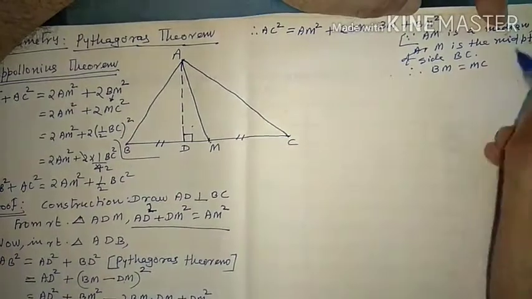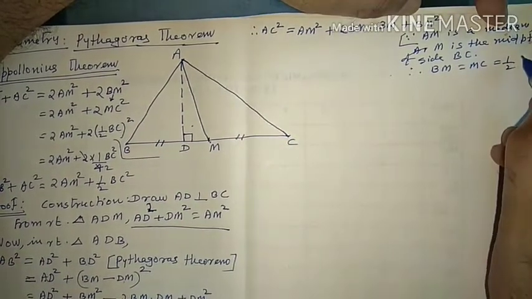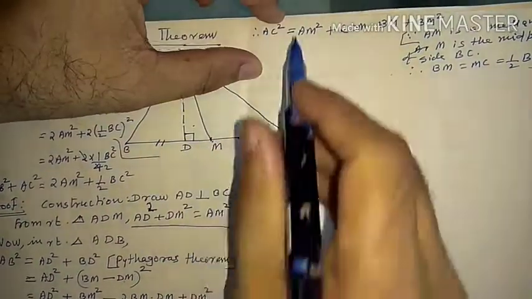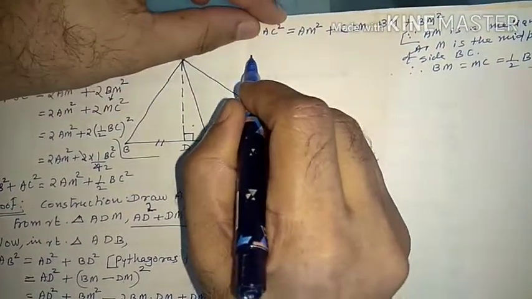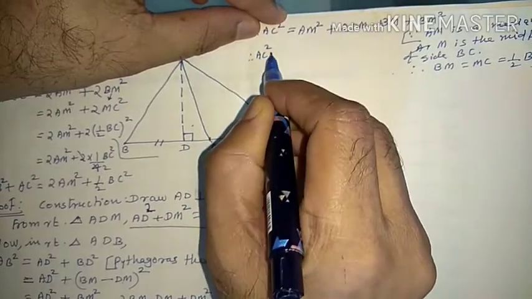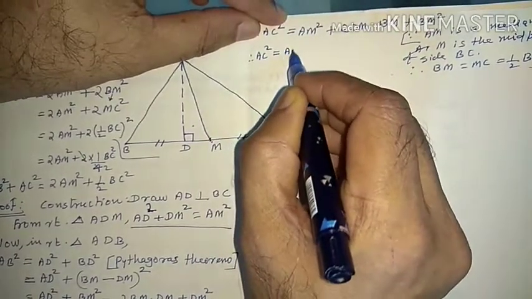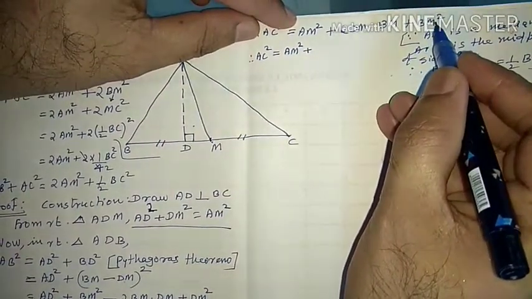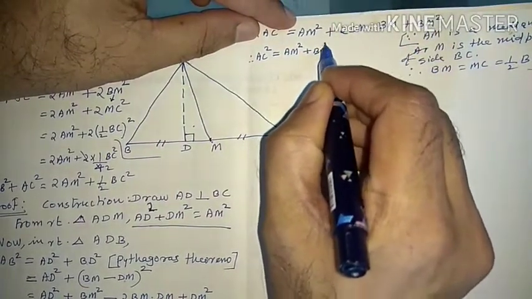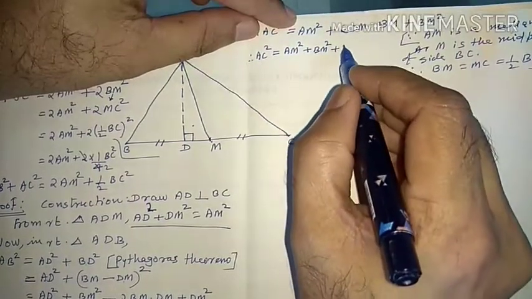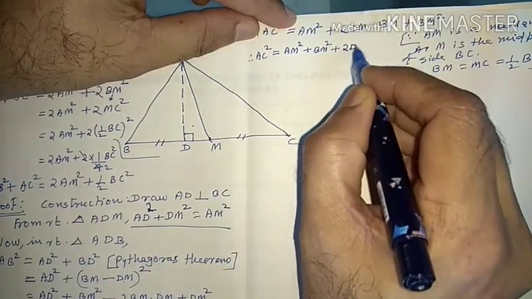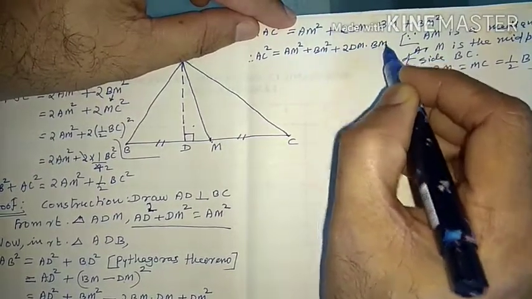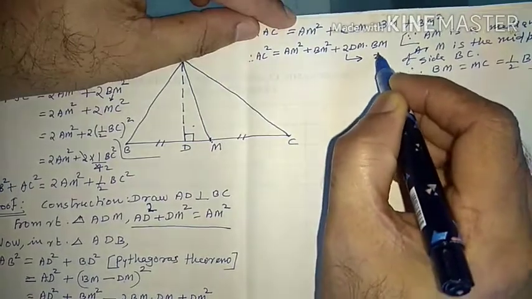Even that is half of BC. We can write that also. Half of entire BC, that we use here now. Therefore, AC square is equal to AM square plus this BM square plus 2 times this DM into BM or BM into DM. This we consider equation number 2.